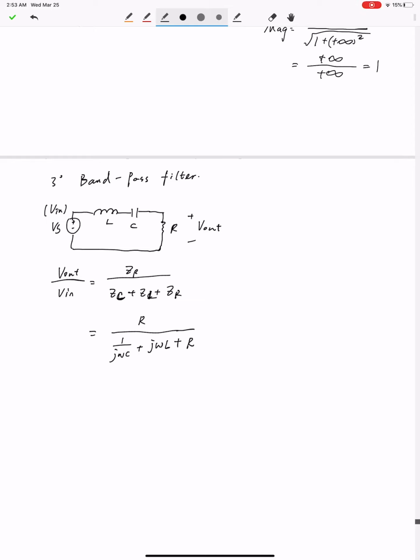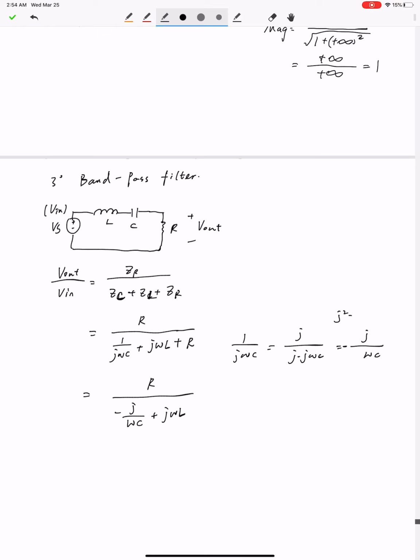No, this time let's make it a little bit different. Let's change 1 over j omega c to minus j over omega c plus j omega l, because 1 over j omega c equals j times j omega c, which is j over omega c times minus 1, right?